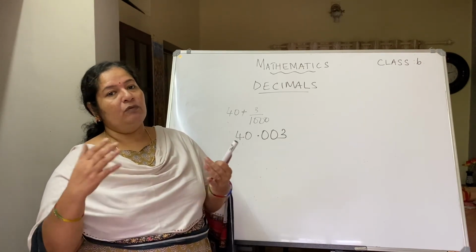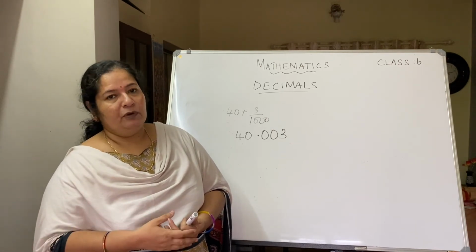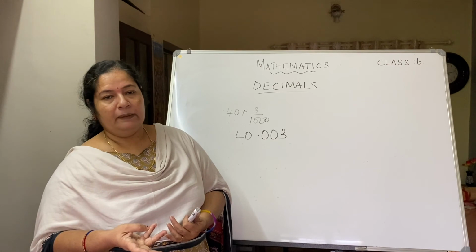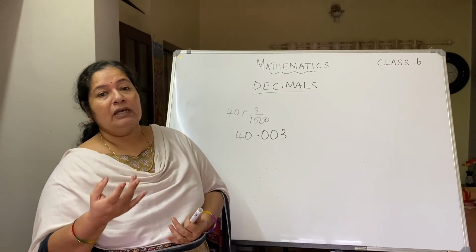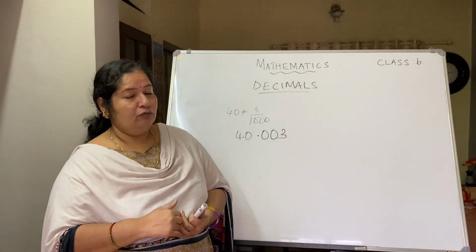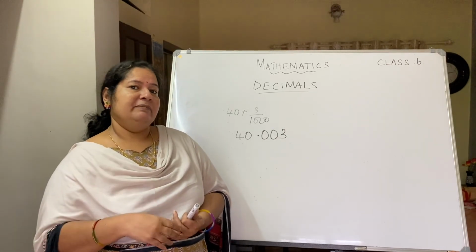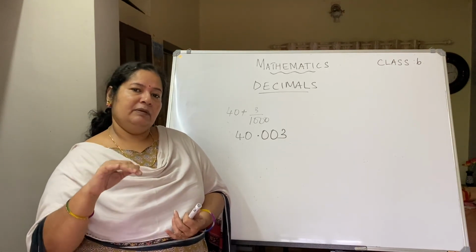The first place, soon after the decimal point, is the tenths place with a value of 1 by 10. Next, the hundredths place with a value of 1 by 100, and then the thousandths place with a value of 1 by 1000. We have also learned how to read a decimal with respect to the places and the place values.